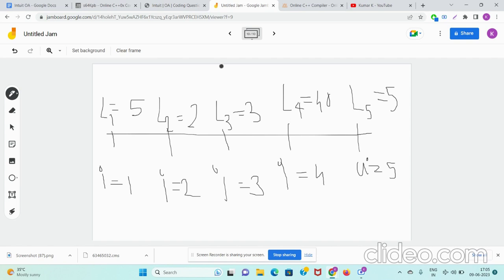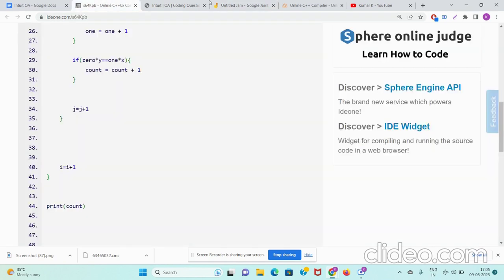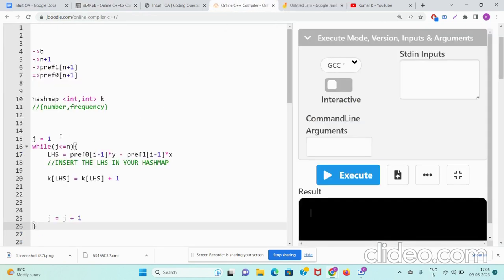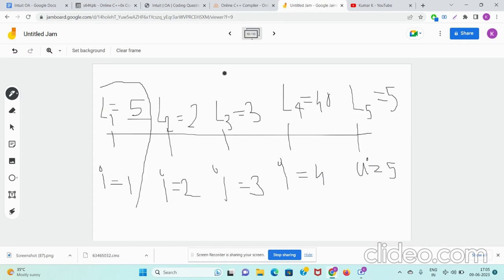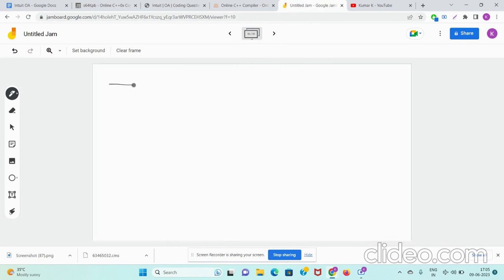So how will your hash map look when you are till this index in the for loop? When you're at index 1, you calculate this LHS, and you push this LHS in your map. You increment the frequency by 1. So when you are at 5, your hash map will look like this, where it will say that 5 is coming for one time.